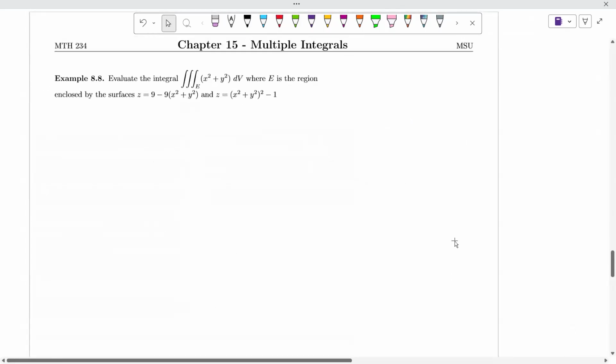Now to our new integral, we want to evaluate a triple integral. Again, we've got x squared plus y squared dV, and E is the region enclosed by the surfaces z equals 9 minus 9 times x squared plus y squared, and z equals x squared plus y squared minus 1. So let's go sketch what that looks like.